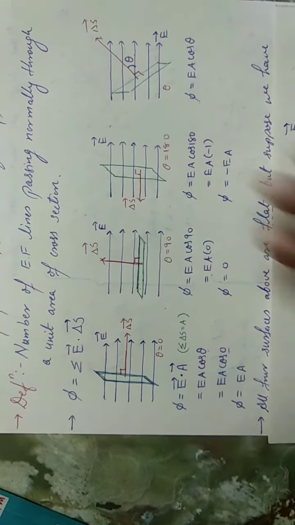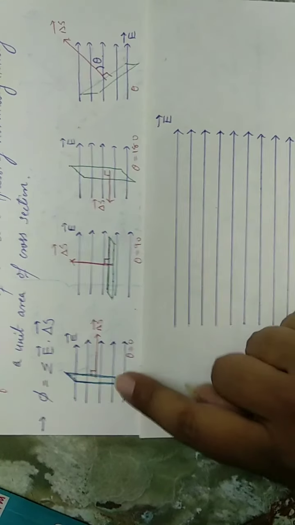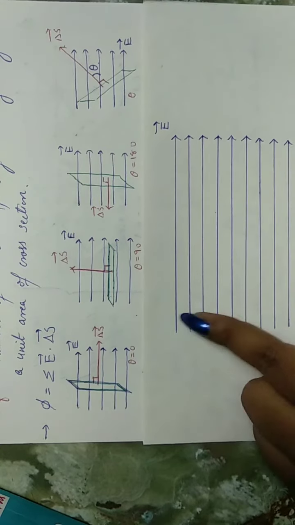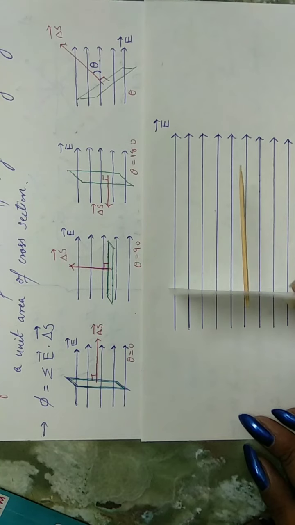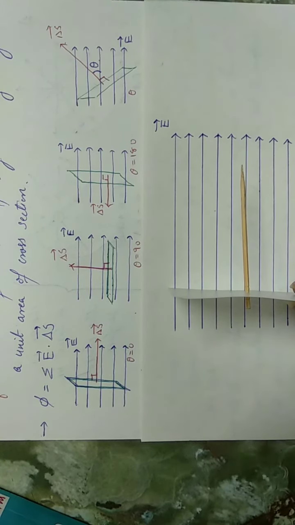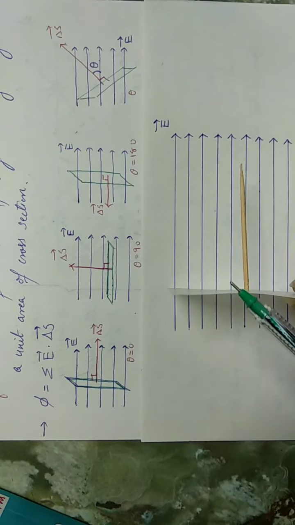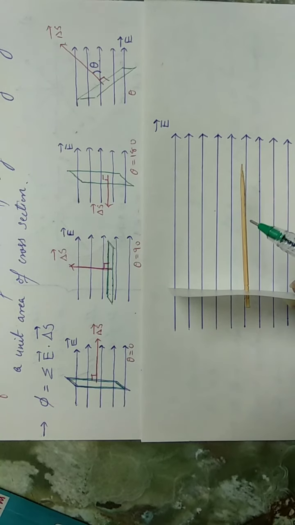So suppose we consider the first case. In the first case you can see that the area is kept perpendicular to the electric field. So now we'll see here, this is our electric field, and if I keep the area perpendicular to the electric field, just see the area vector. This area vector becomes parallel to the electric field. Just see in the figure, this green portion represents the area and this red vector delta S represents the area vector.